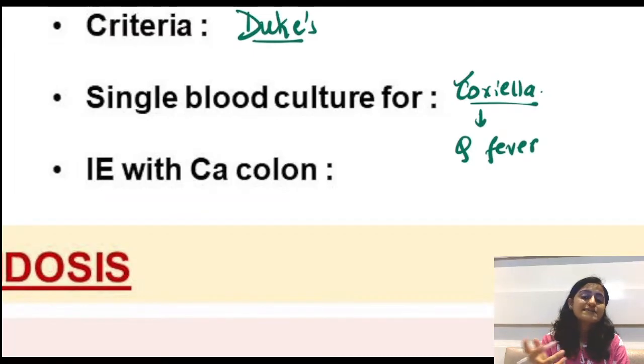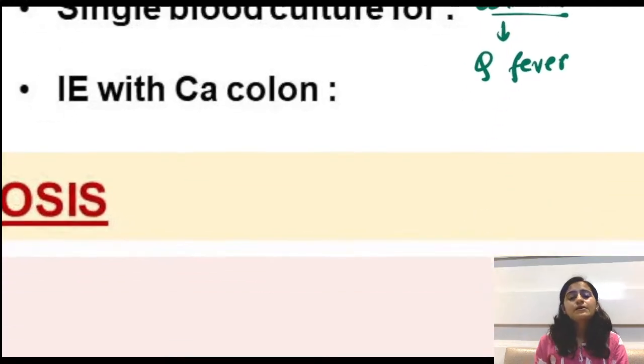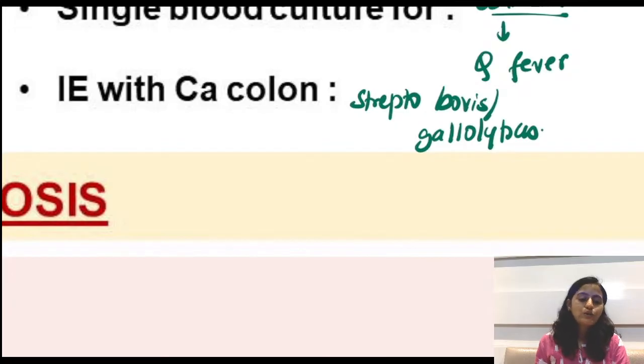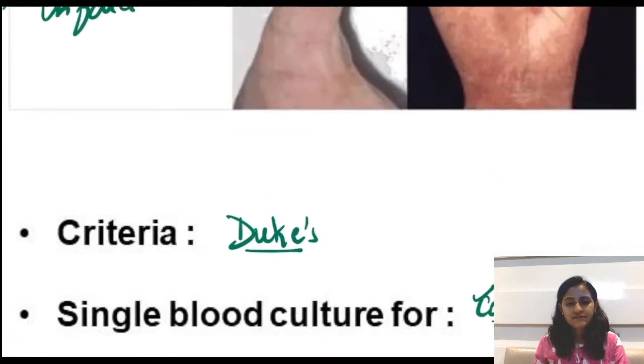What is the organism that you think of? When they give you that a patient of CA colon now develops infective endocarditis, the organism is Streptococcus bovis, now also called Streptococcus gallolyticus. So very, very important: CA colon, it is Streptococcus bovis or gallolyticus.